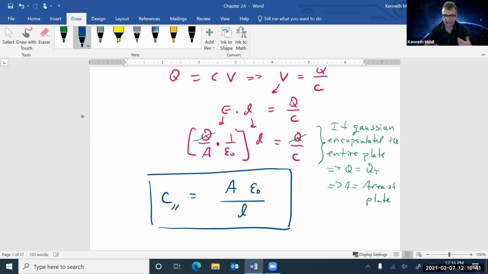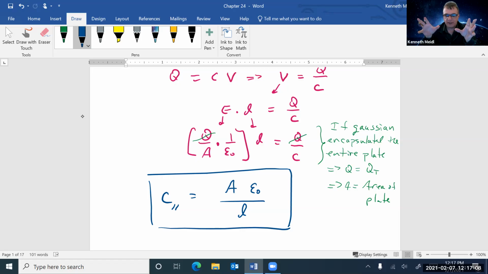So there's a statement that tells us the capacitance of a parallel plate capacitor. Take a look at that. It looks very simple: area times some sort of electrical constant divided by the distance between the plates here.